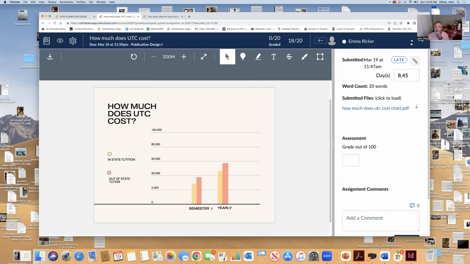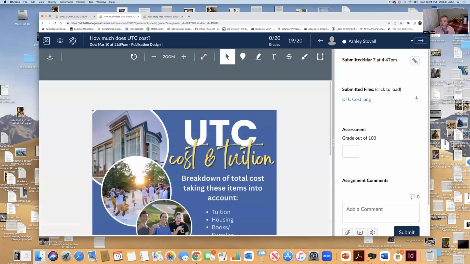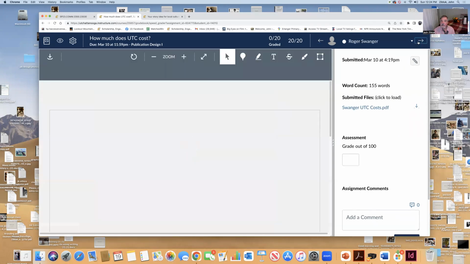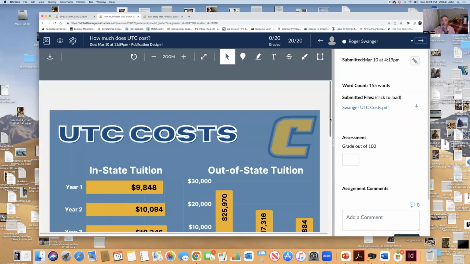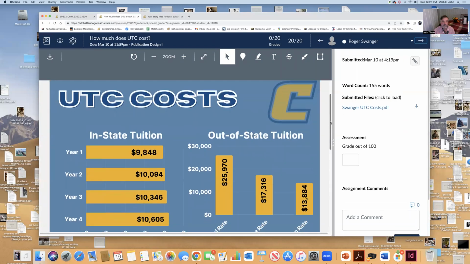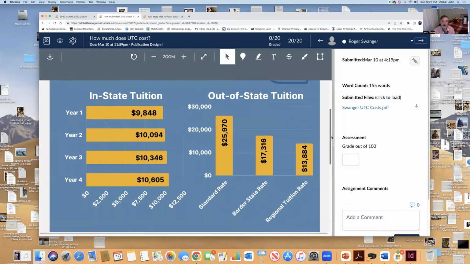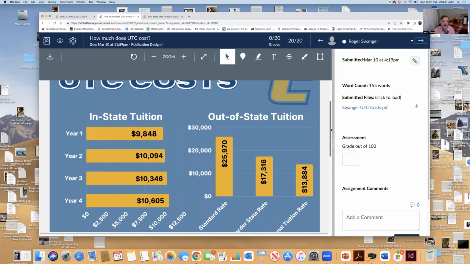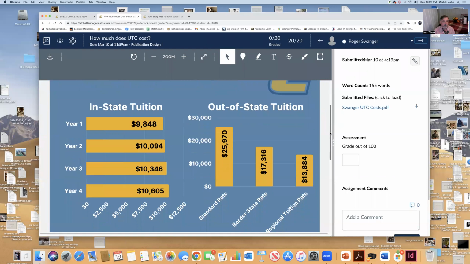That's an interesting way to look at it. Let's see, here's that arrow now. There's one after this. Okay, nice again, use of color. In state, out of state.